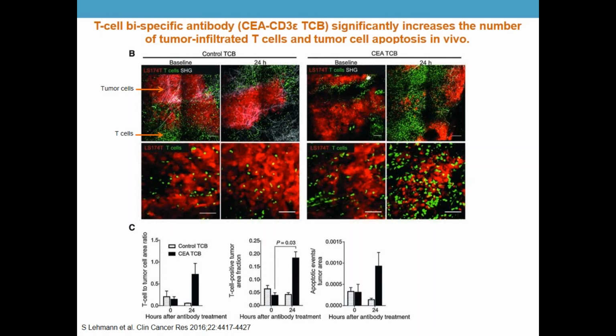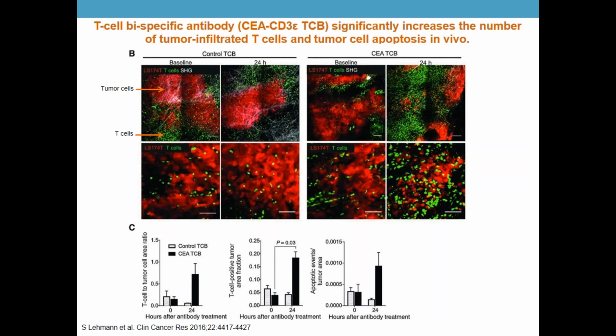But now, when you switch over to the right, 24 hours after using this immunotherapeutic, you see these tumor-infiltrating lymphocytes, what we call TILs, the cytotoxic T cells engulfing the tumor cells. And when you look down below at the magnified views from baseline over to 24 hours, you can see clearly a big difference where you now have this massive influx and infiltration of T cells.